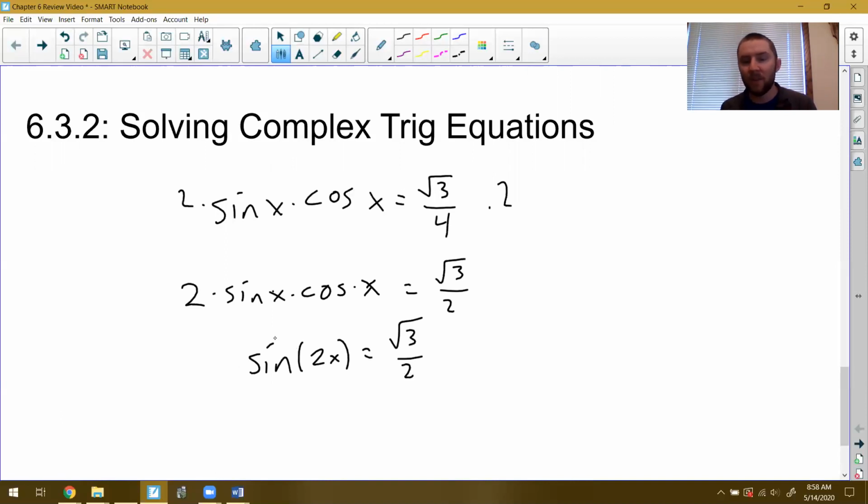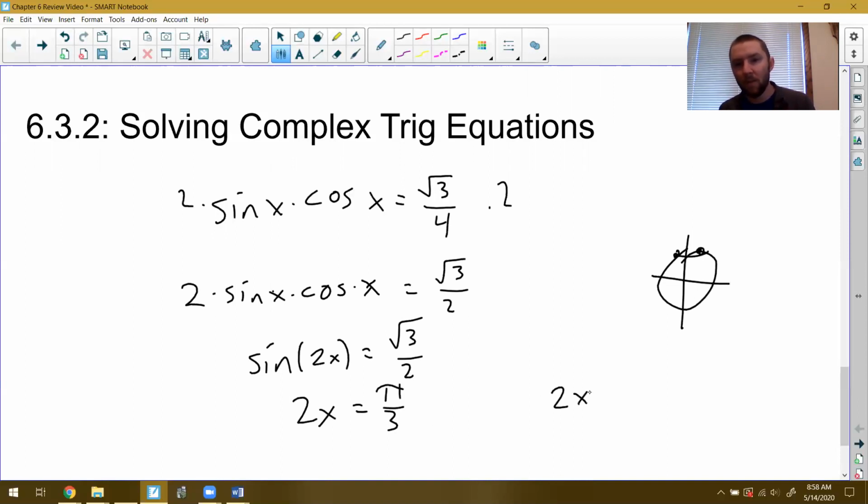And then once we just have the sine of something, we can go to our unit circle. We can find the points on the unit circle where the sine is equal to radical 3 over 2. And then we get that whatever was in the parentheses is equal to, in this case, pi over 3 and also 2 pi over 3. So we then solve these by dividing by 2, which is like multiplying by a half. And you can go back and watch this video if I'm going through this a little bit too quickly.